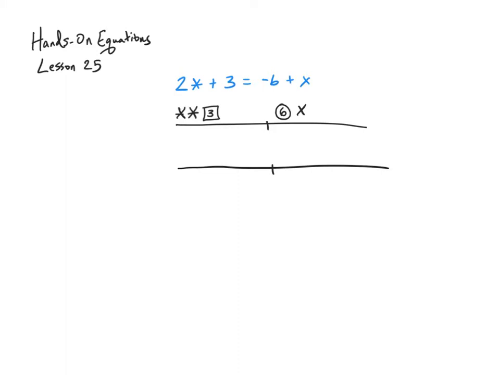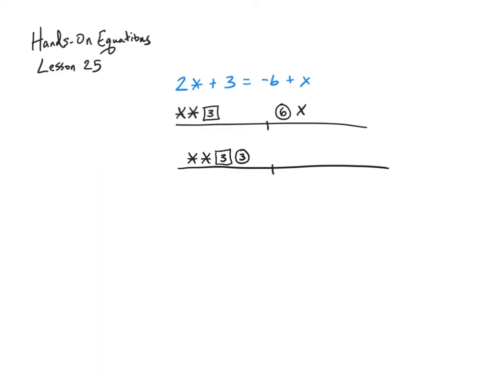So I think the first thing that I'm going to try to do is get the numbers on the right-hand side and the variables on the left-hand side, just because the number 6 is larger than the number 3. In order to do that, I'm going to try to create a zero pair on the left-hand side. I have a positive 3, so I'm going to want to add a negative 3.